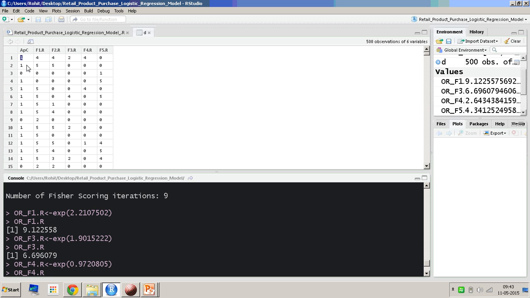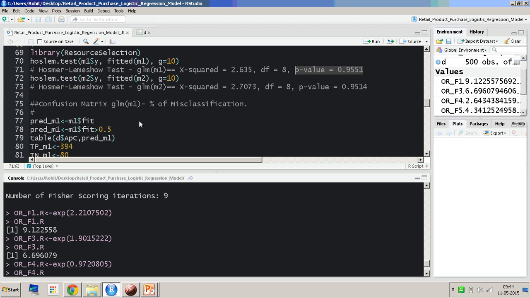So the actual purchase has happened, versus somebody who did not purchase, and your model predicts otherwise. So over here, say your model predicts 0, and over here your model predicts 1. That would be misclassification. So the percentage or the probability of misclassification is what we are looking at from the confusion matrix, and we are looking at it for these two different models, that is M1 and M2.